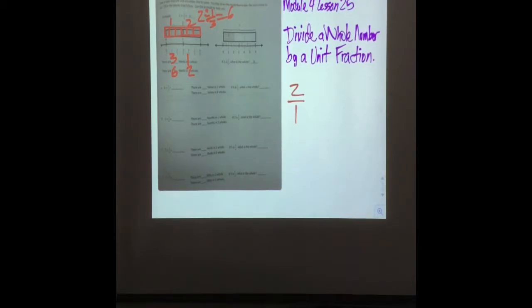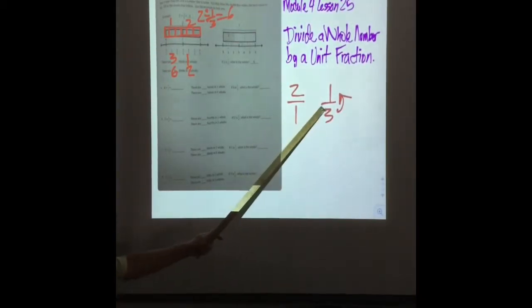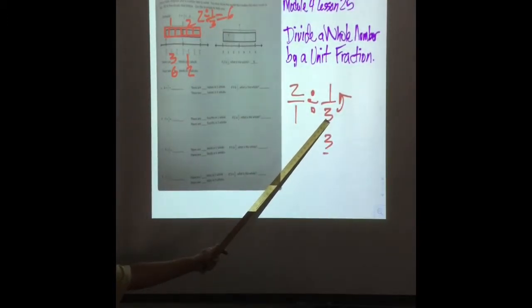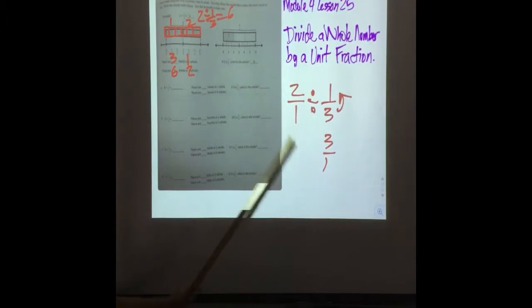Now, what if I did this as a multiplication problem? Well, I'd have to take my thirds and flip the right number. And this would become a 3/1. And then I would leave my 2/1 here.